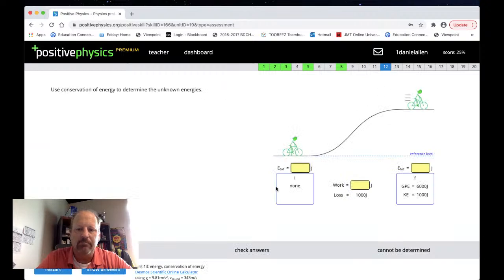Okay, so here, use conservation of energy to determine the unknown energies. So no initial, so this is 0 joules of work. Let me double check that.